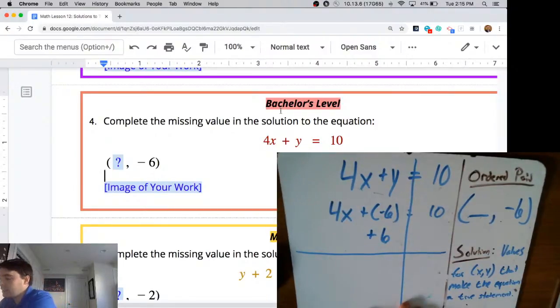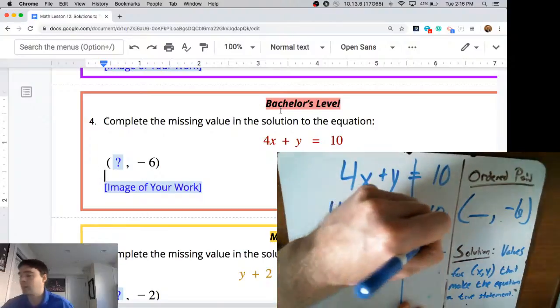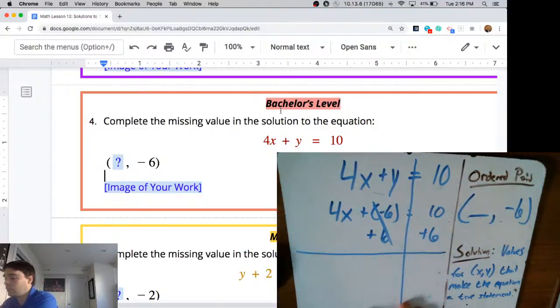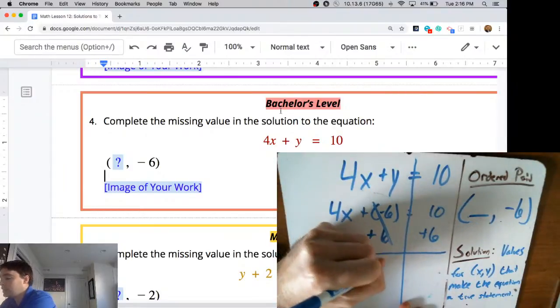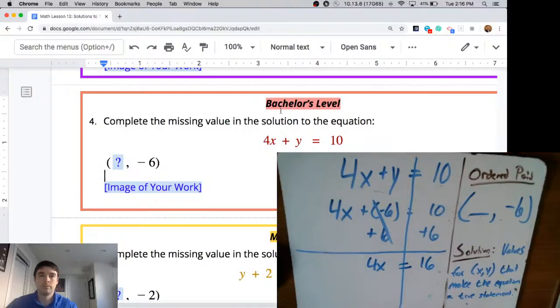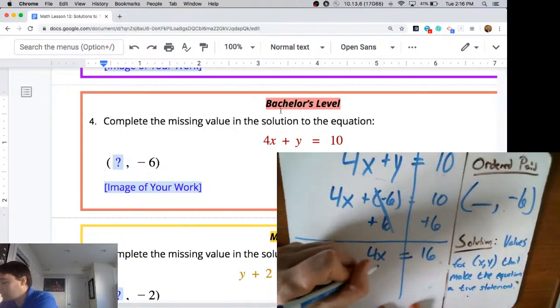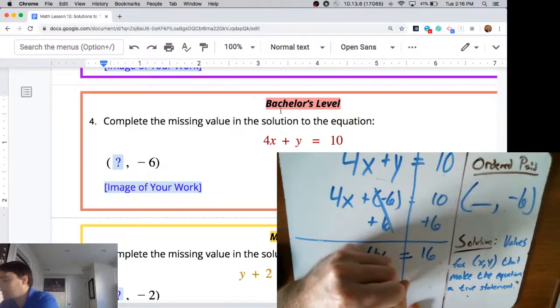So if I add 6 to cancel out the negative 6 on the left side, I also have to add 6 to the right side of the equation. And now it says 4x needs to be equal to 16. I could divide both sides of the equation by 4. But I know 4 times 4 is what makes 16, so I'm going to solve by inspection. I'm going to go ahead and say x equals 4.